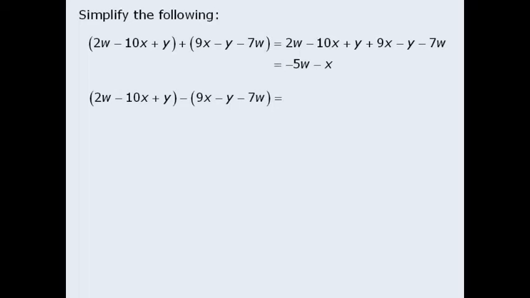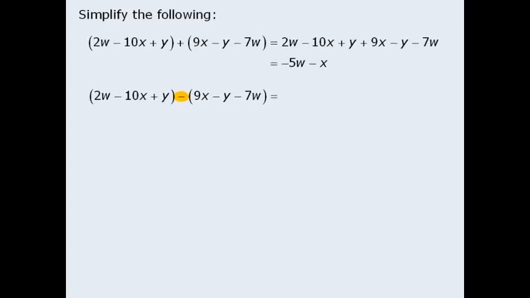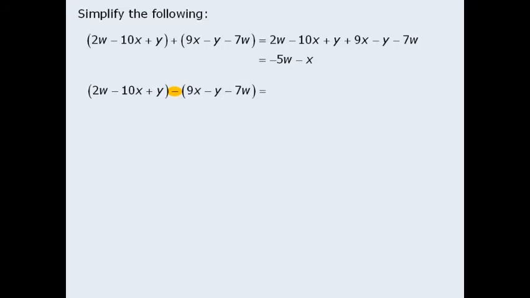In this next example, we are taking one expression in parentheses and subtracting another expression in parentheses. To handle this, we will first turn the subtraction into an addition. Now the terms in the first set of parentheses are left as is, but we will replace all of the terms in the second set of parentheses with their opposites.